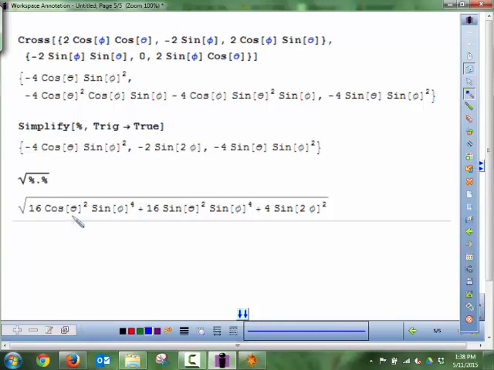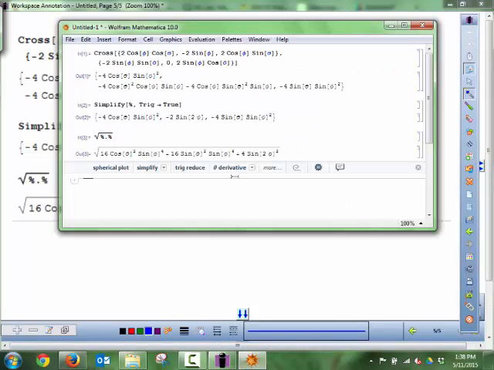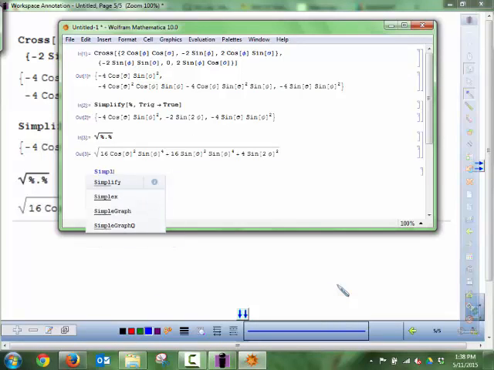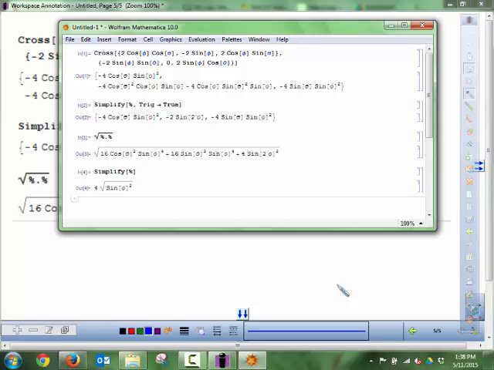So let's see if we can actually do it ourselves here, unless I can have it simplify. Let me see if Mathematica will simplify. Oh, there it goes.